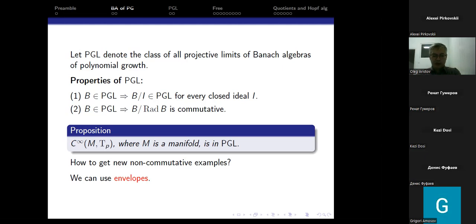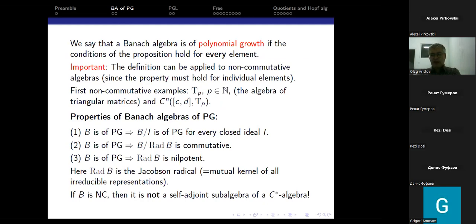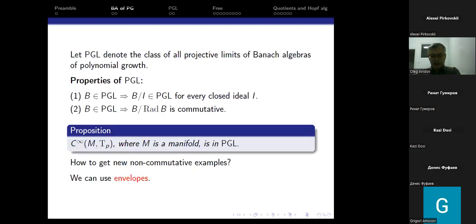As to the third property, this property does not hold for PGL algebras in general, but this is not essential here. So the natural example now is the algebra of C-infinity functions on some manifold with values in triangular matrices.